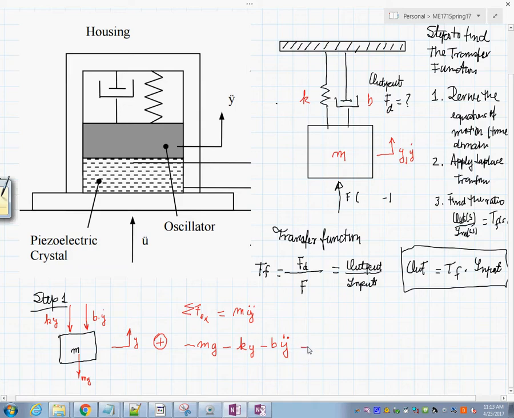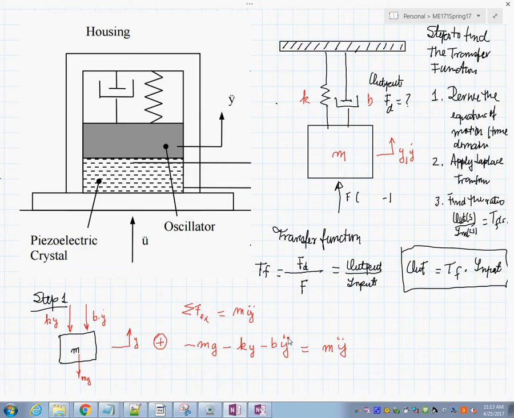This is equal to mass times the acceleration in the y direction, like that. Okay? So we know now that if we compress the spring, we are positive, but if we stretch the spring, it's negative.